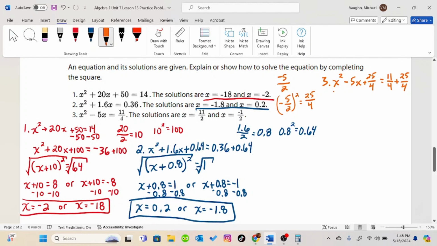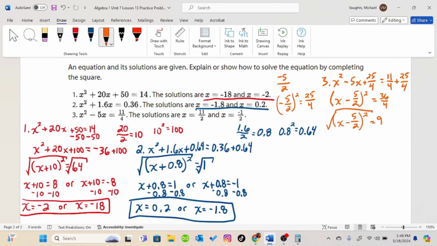Next, we can factor the left side, and we'll have x minus 5 halves squared. And on the right side, when we add 11 fourths plus 25 fourths, we will have 36 fourths. 36 divided by 4 is 9, so this becomes x minus 5 halves squared equals 9.